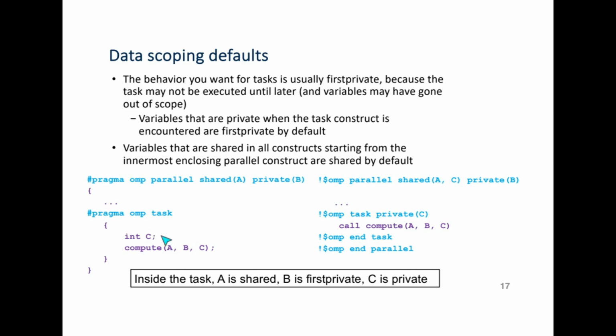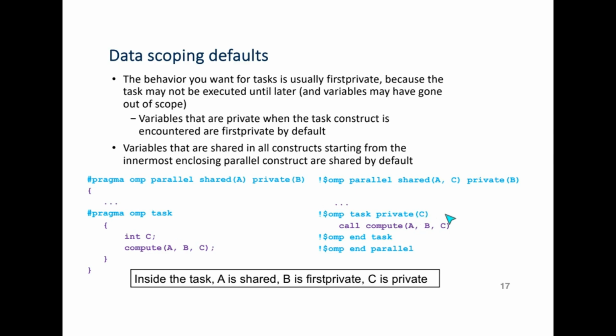And then if I want a private copy of C, I could do one of two things. In C or C++, the natural thing would be to declare something inside the task, so that would be a private copy that existed only for the scope of the task.